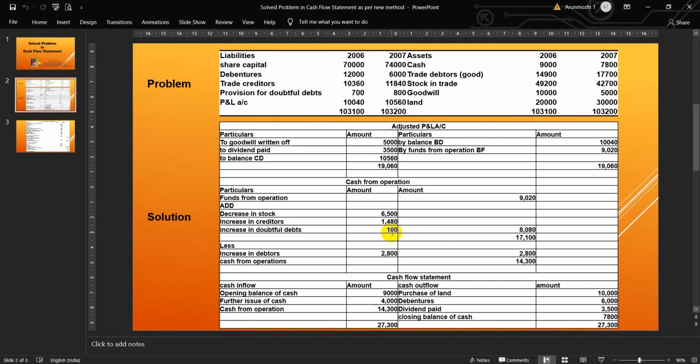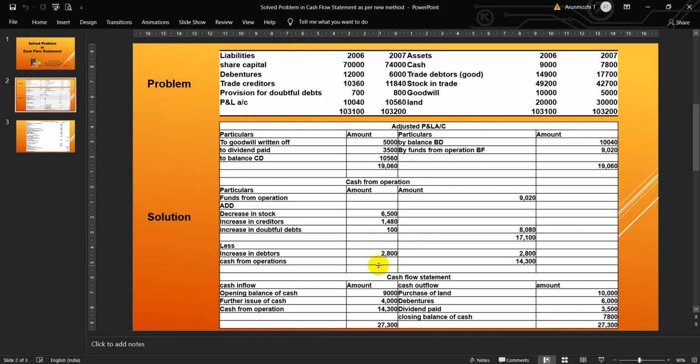Then increase in doubtful debts. Doubtful debts is given as 14,900. Here you have 700 and 800, so the difference you have is 100. Then you deduct increase in debtors.